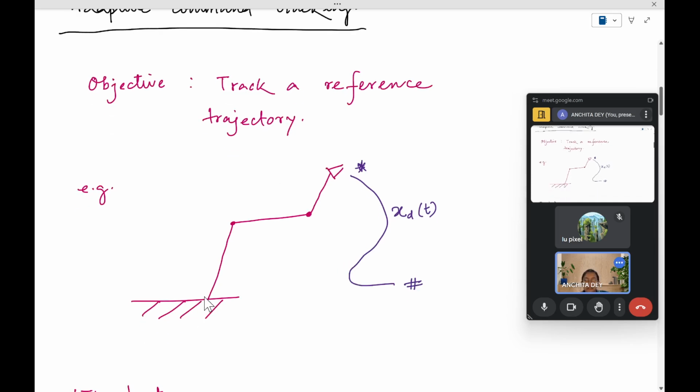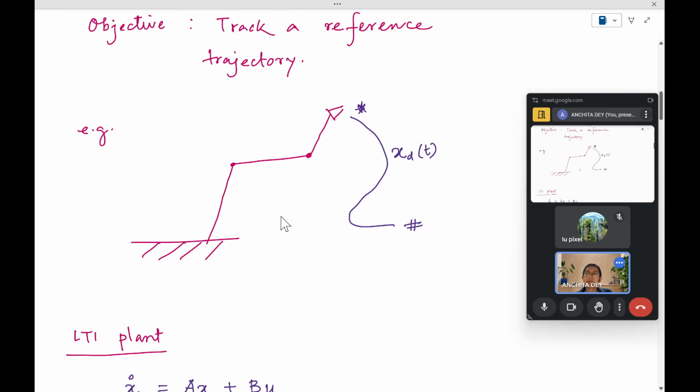For example, consider this mechanical example of a robotic manipulator, like a pick and place hand, and you want this manipulator head to go from this star to this hash position following this very line. So this is your desired command signal, right?